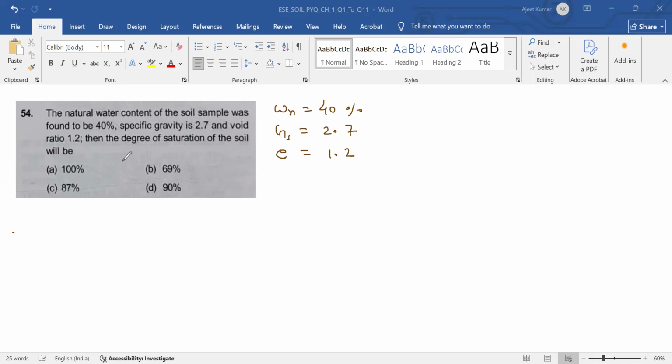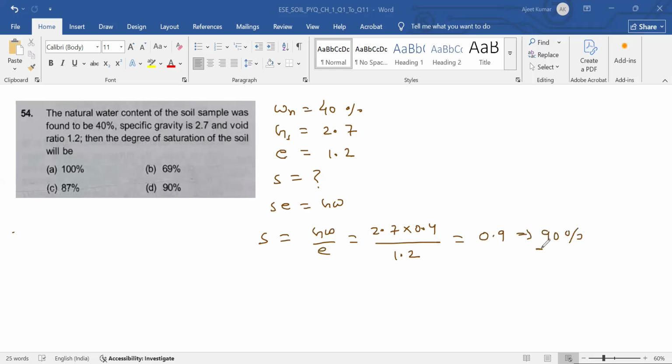Then the degree of saturation of the soil will be S equal to what? Use the well-known formula, S e is equal to G into w. So S is equal to G into w by e. G is 2.7, w is 0.4, divided by e is 1.2. When you calculate this, you will get 0.9, which is 90%. So option number D, 54.